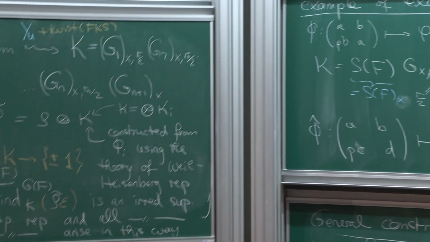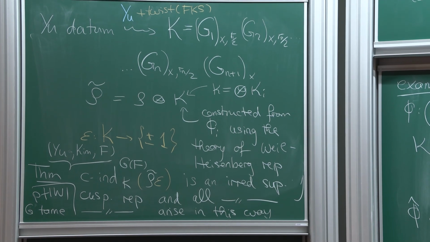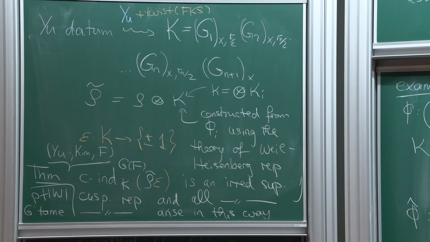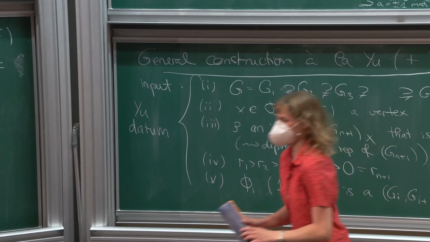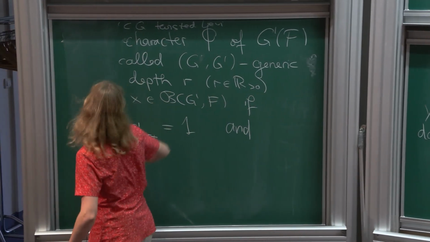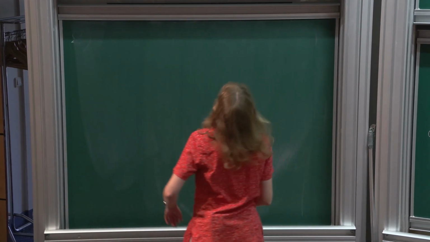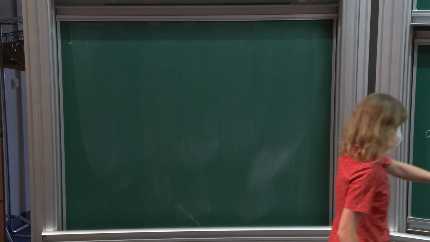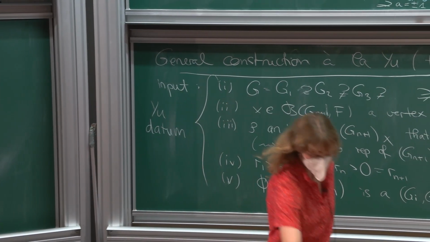I'm happy to give more details later, but it would take another 10 or 15 minutes to do that. And, well, there's a limit of time that I've been given. But there's also Q&A if you want to see details. What is the depth of the representation? The depth of the representation is the r_1 here. The question was, what is the depth?